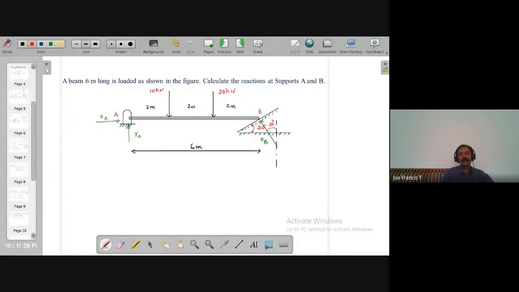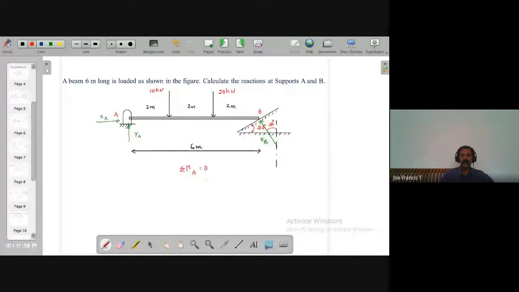So these are the various forces acting on this body. Considering these forces, you draw its free body diagram. First you write the moment equation, then sigma Fy equal to 0 and sigma Fx equal to 0. So first write moment equations, taking moments about any point, say A, equal to 0.